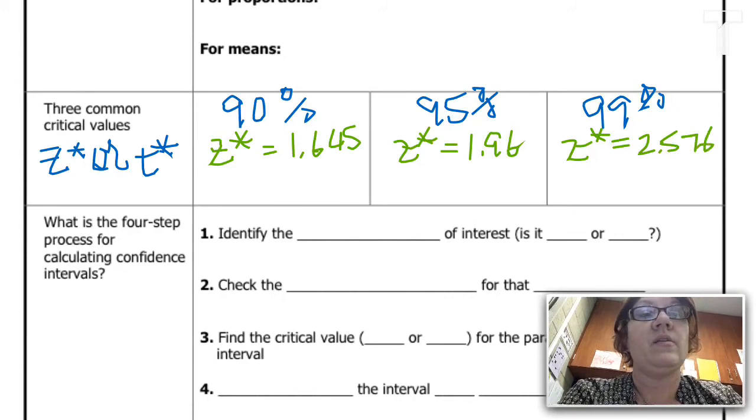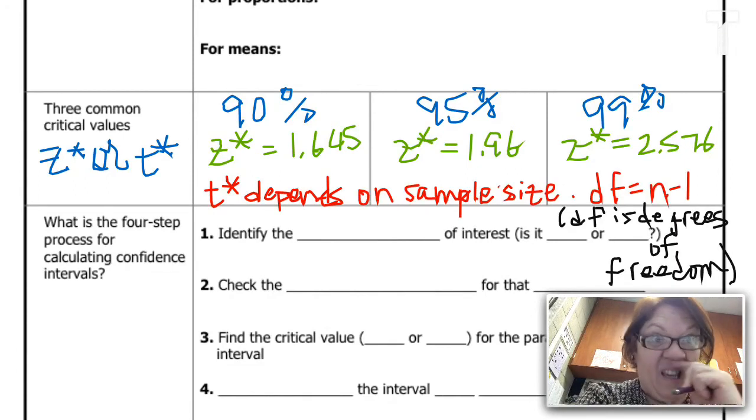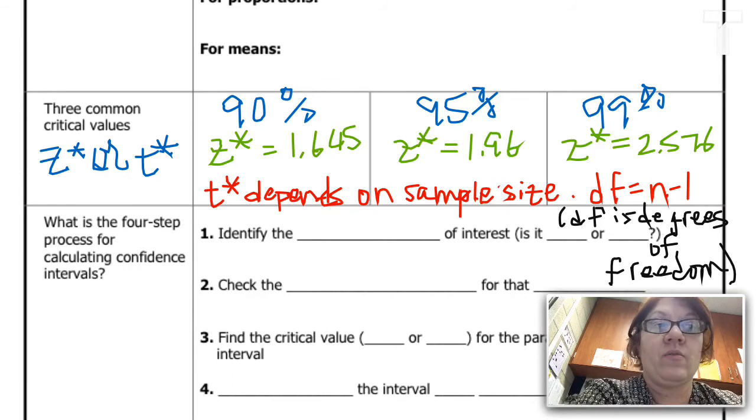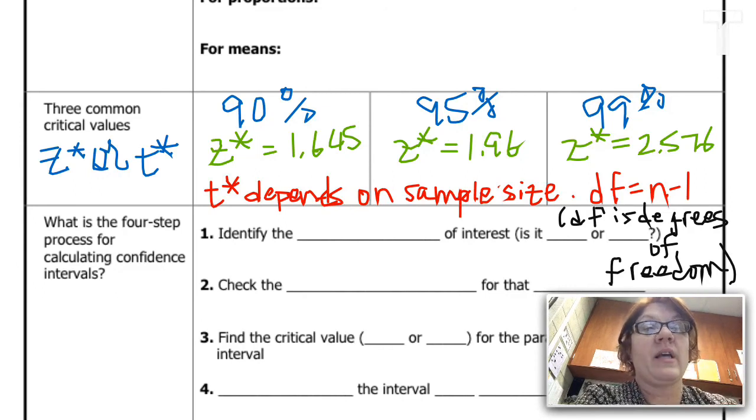And the T star value depends on sample size, and if you notice in that left column it says DF. DF stands for degrees of freedom, and we use n-1 and we look it up that way horizontally. So we'll practice that in class.